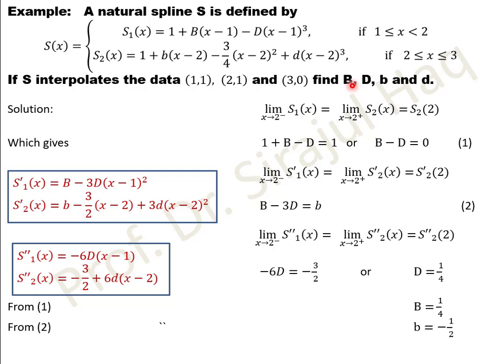Computed capital B, small b and capital D. Small d is remaining. I used the continuity of the spline, its derivative, its second order derivative. So let's go. What can we do for the next equation?